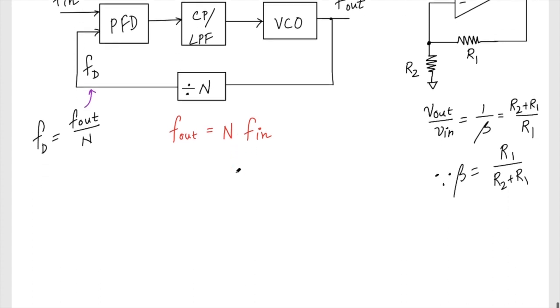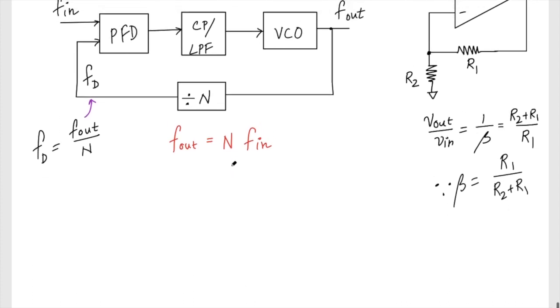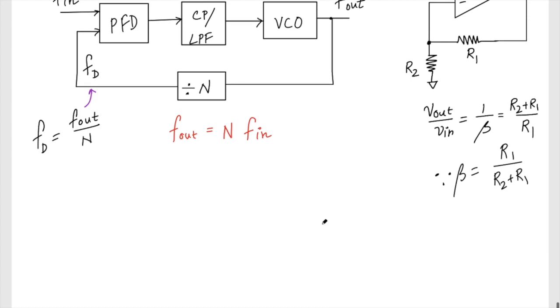Now how does my analysis change if I go for this kind of characteristic?